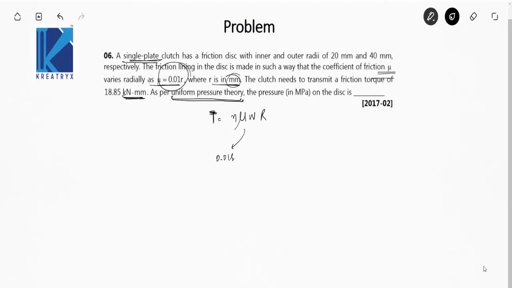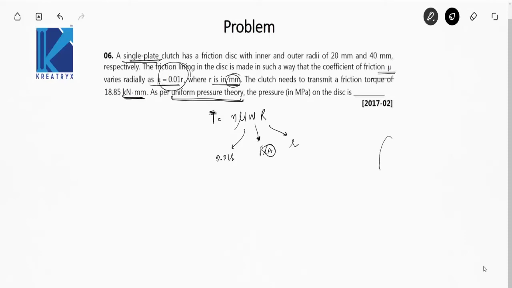W is the load that can be imposed on the frictional surface of the disc, which is equal to pressure into the area exposed. What will be the area exposed?